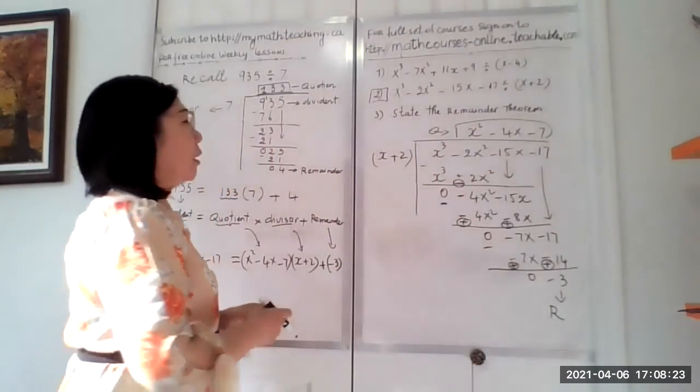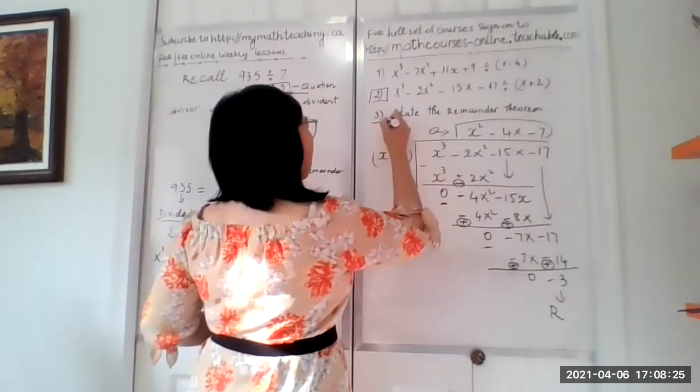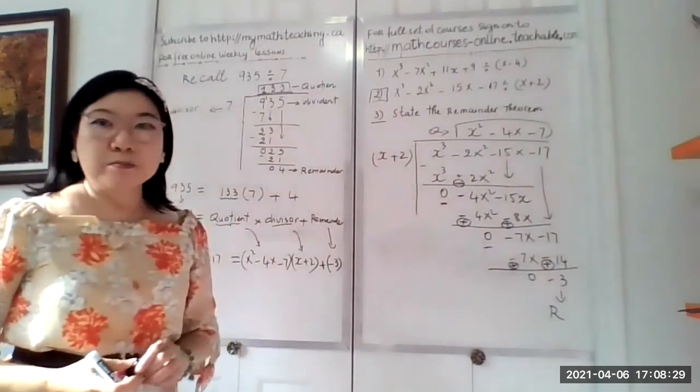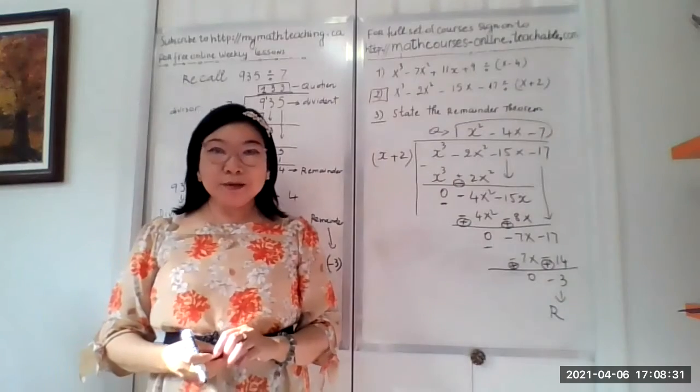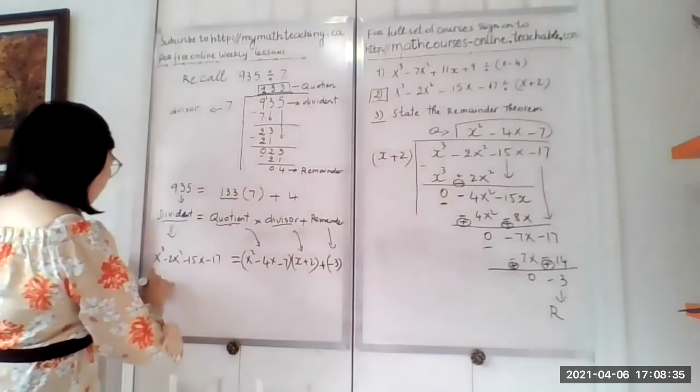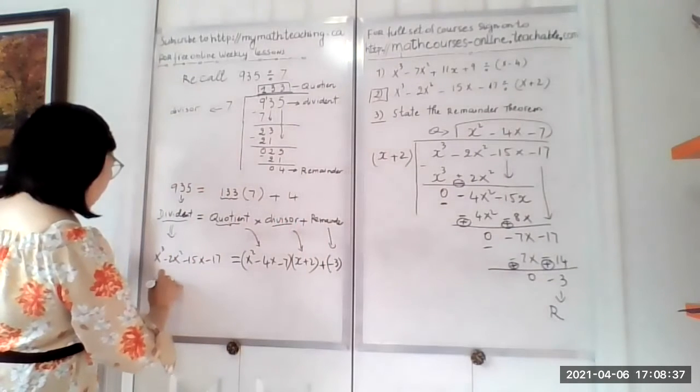Now, in this lesson today, I'm going to talk about the remainder theorem. So what is the remainder theorem? Let's write down. So I'm going to make a statement here.